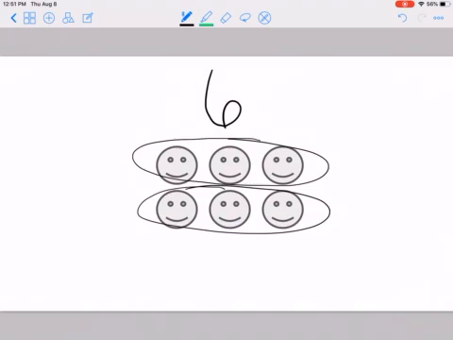How many smiley faces are in each group? 1, 2, 3. 1, 2, 3. So you know that 6 is the sum of 3 plus 3, and 3 and 3 are equal. So just a little hopefully review. I think you all did some of even and odd in first grade, but we're just going to keep practicing and use it for our multiplication unit.